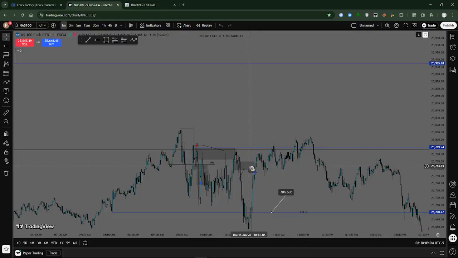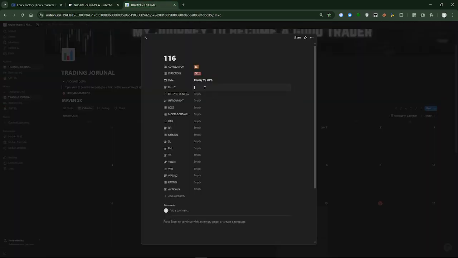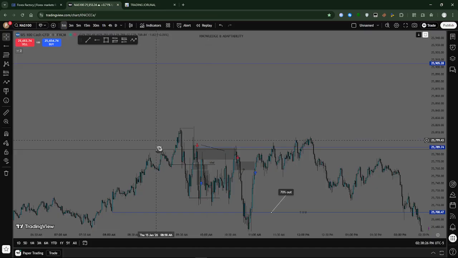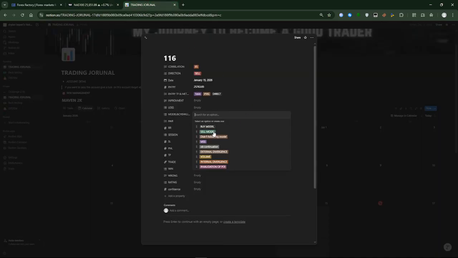I took it around this area. This is where I entered. The same thing, 1 minute IFVG direct, and I had the model checklist. Price had the same thing right here. So you had the sell model, MSS, and invalidation of POI.